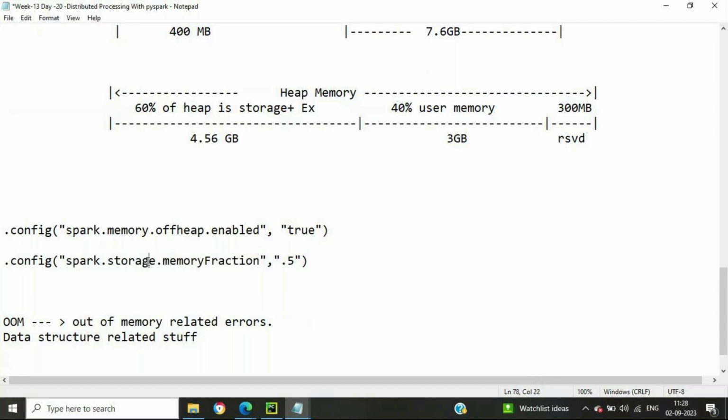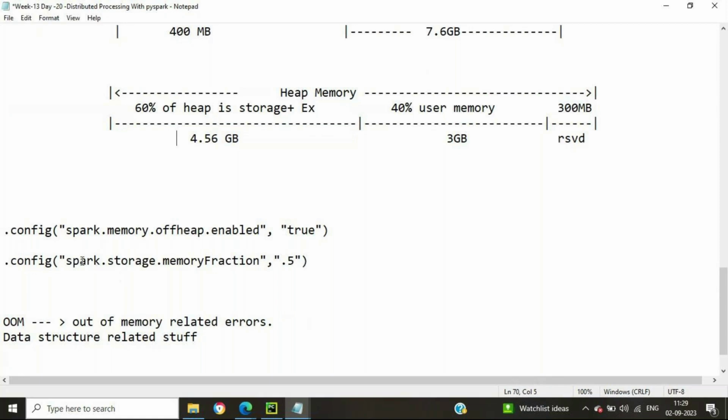So based upon this, we will be able to get the information of how much will be utilized for storage. In the 60%, we have divided it 50-50, 50% for storage and 50% for execution.